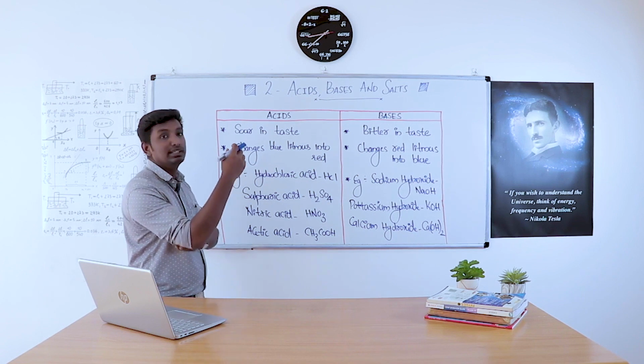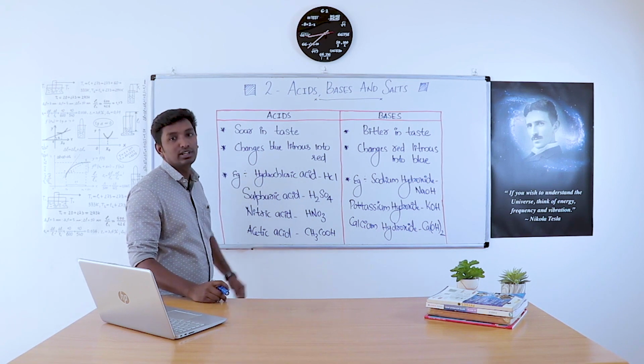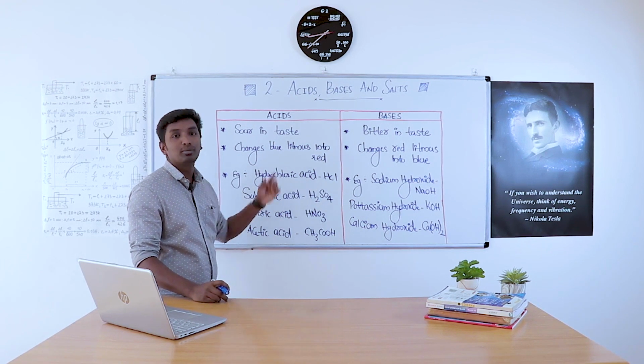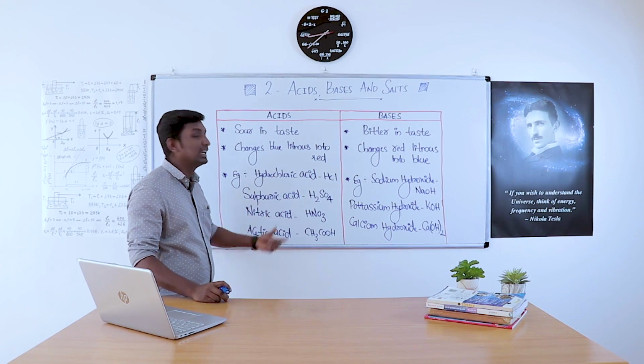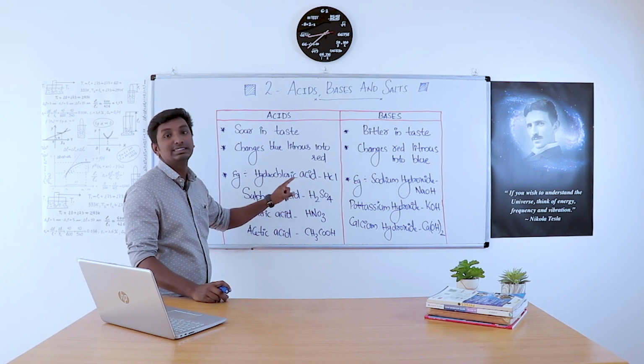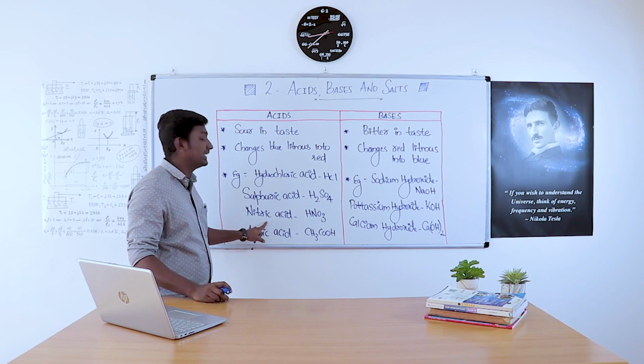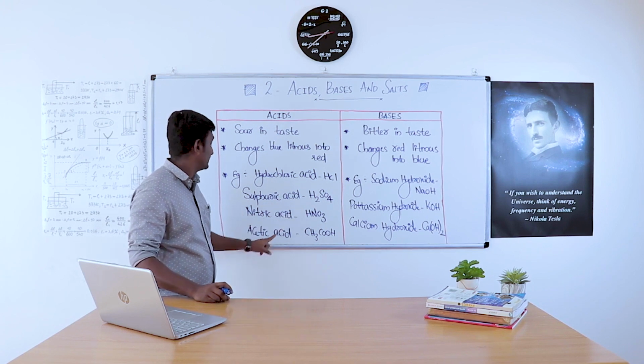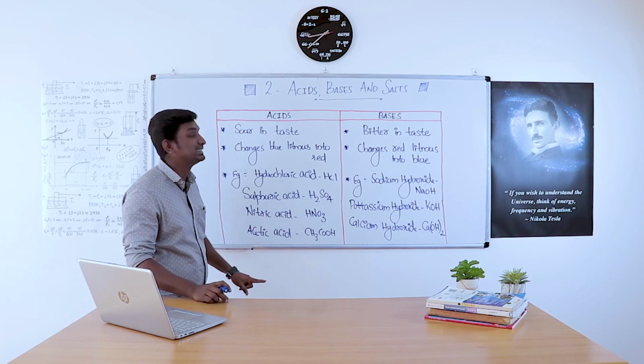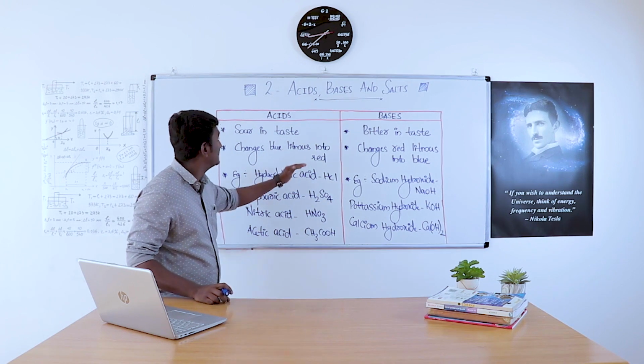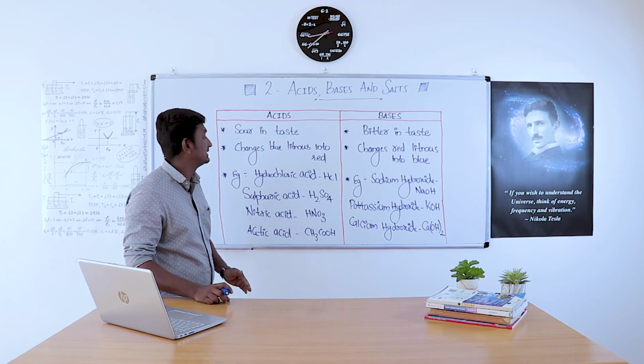For example, in case of acids, hydrochloric acid is an example. Chemical formula is HCl. Sulfuric acid is an acid, formula H2SO4. Nitric acid, formula HNO3. Acetic acid, formula CH3COOH. These are all examples of acids.